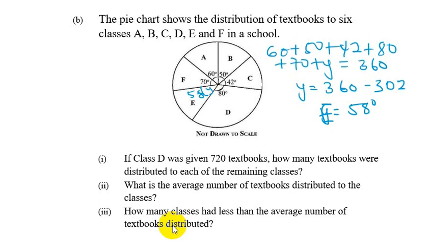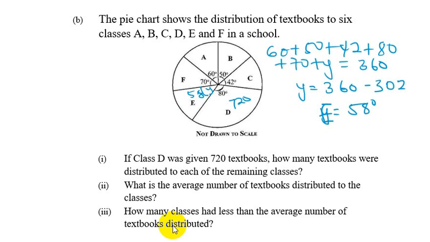Now we are also told that if class D was given 720 books, how many textbooks were distributed to each of them? Now class D here, they said they received 720, but we don't know the number of books that was distributed. So what do we have to do?